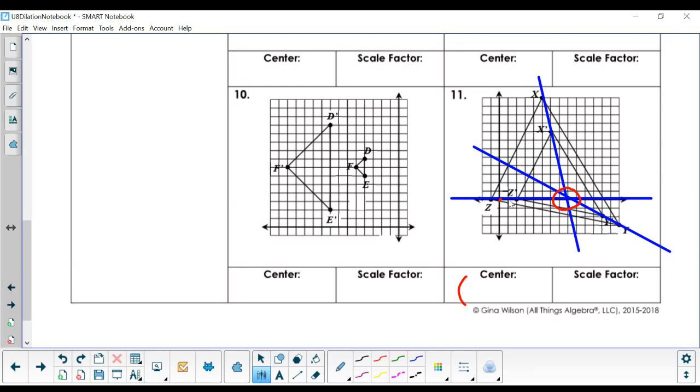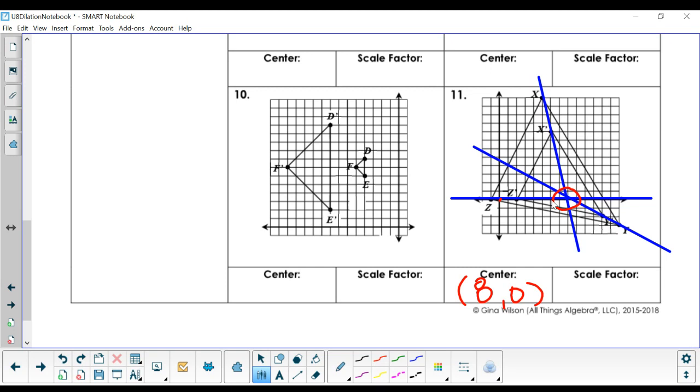Okay, so we're going to count over. That is our origin. We got 1, 2, 3, 4, 5, 6, 7, 8. So that is 8. And it didn't go up or down. So 8, 0 is our center of dilation. Now we need to find our scale factor. So we're going to find our distance from our center to one of our points. And I want to use Z since it's right on this line.